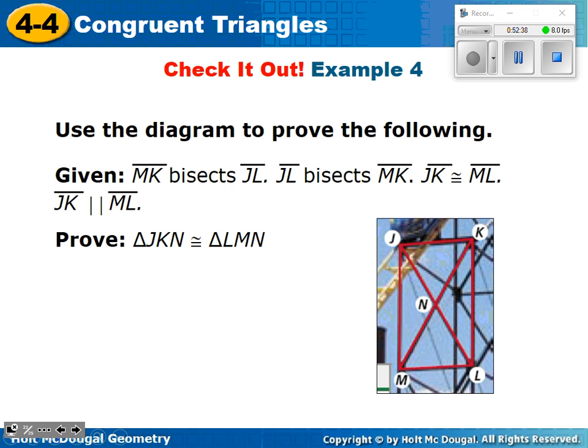Okay, so then we go on and now we have JK is congruent to ML. So we can just mark our picture and list it in our proof. That's more of the given. And then JK is parallel to ML. Those are those little arrows that we put on our pictures, right? So number 6 is JK is parallel to ML, and that was all given.